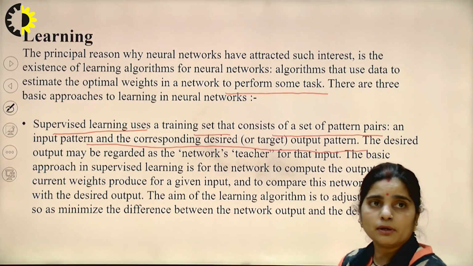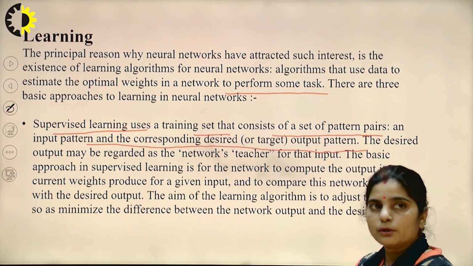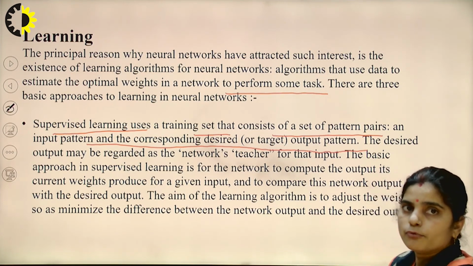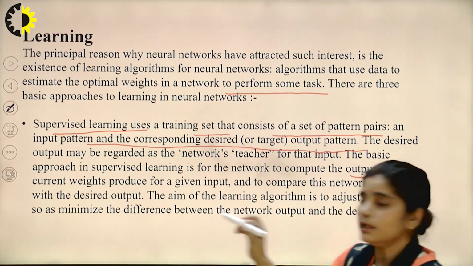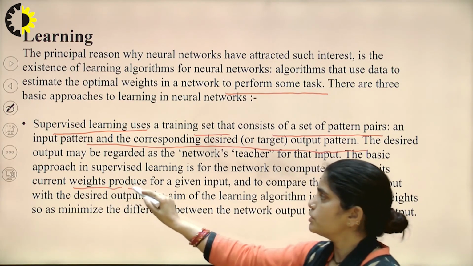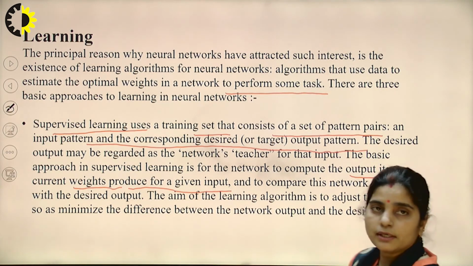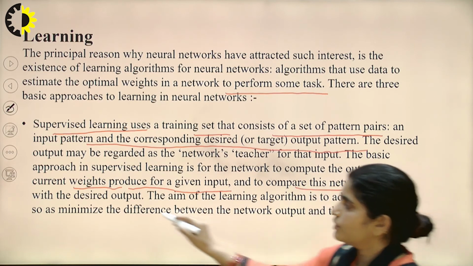That desired output can be regarded as a network teacher for that particular input. The basic approach is to compute the output which the network produces with its current weights for the given input, and after that we compare this network output with the desired output.